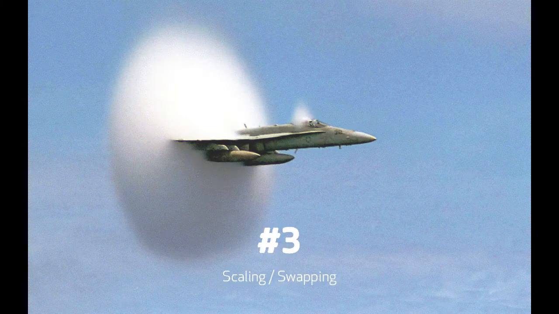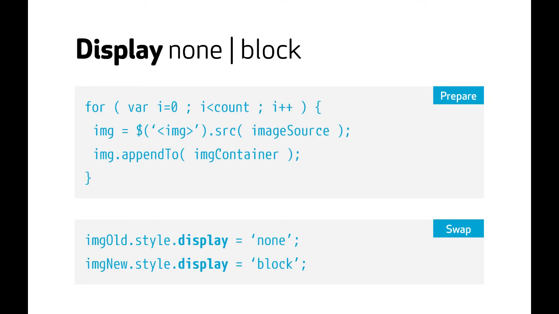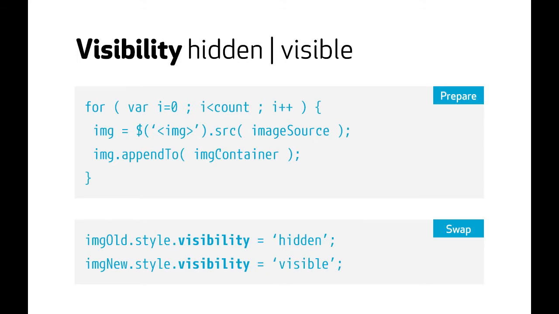So now to rendering the images. There are a few methods I tried out. One is just put them all in the DOM and set display none and block or inline, whatever you like. The other one is visibility.